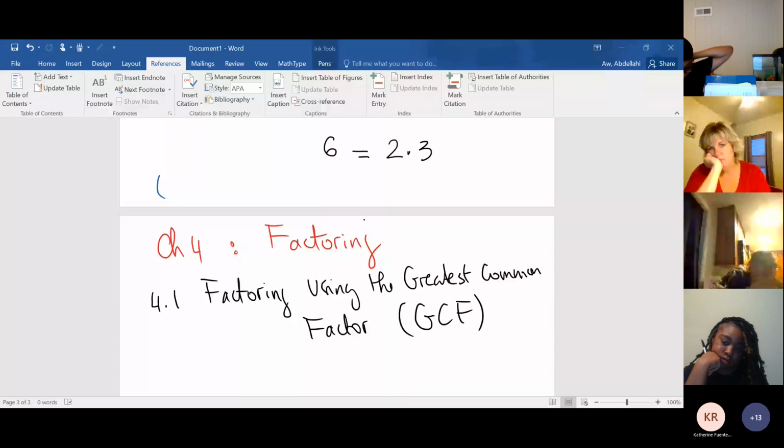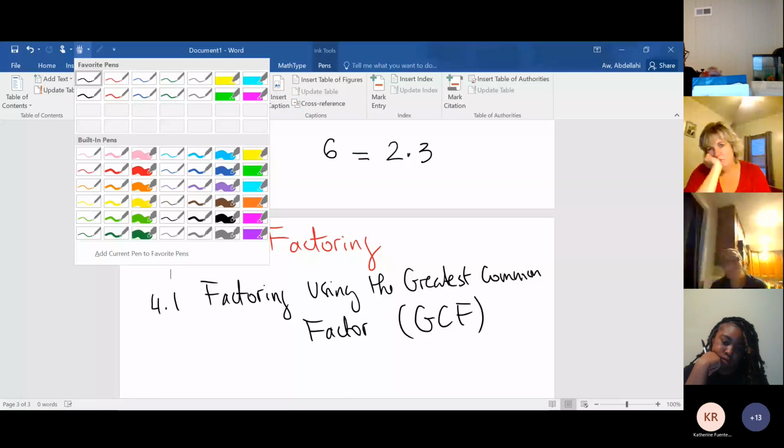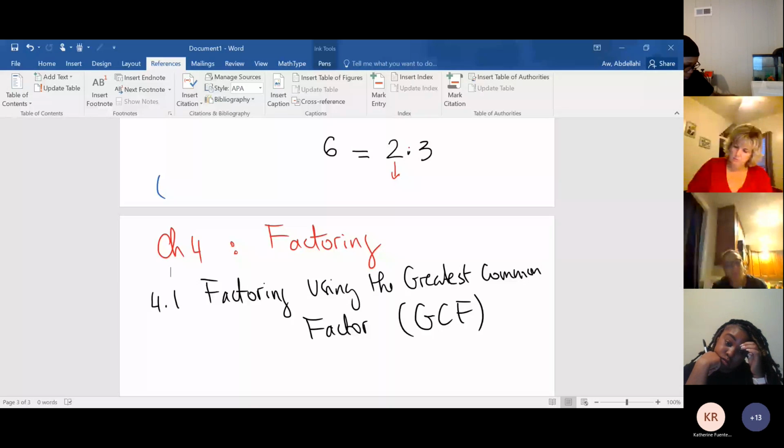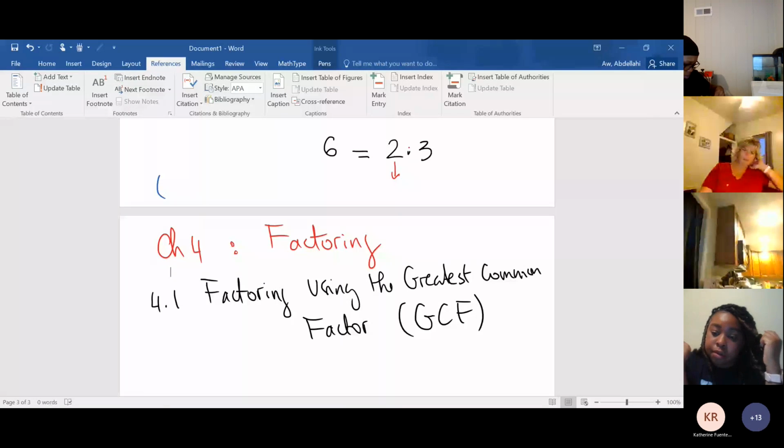Any component of a multiplication is called a factor in math. 2 is a factor, 3 is a factor. So when we say factor an expression, we mean transform that expression into a multiplication.